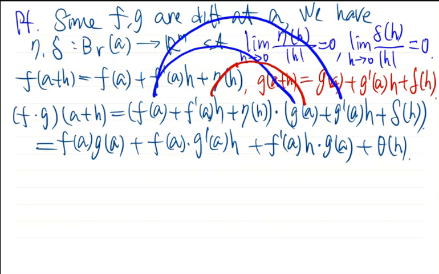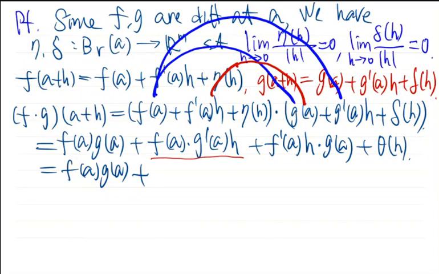Now we go forward. f(a) inner product g(a) plus this inner product. The inner product of two vectors, which we consider as column vectors, is the transpose of the first multiplied by the second.